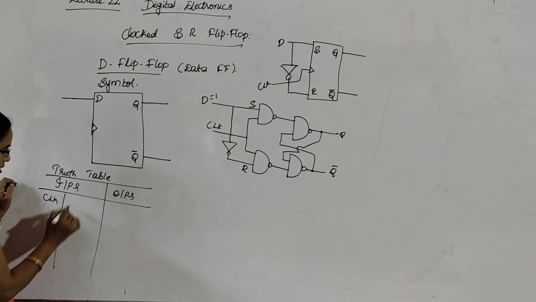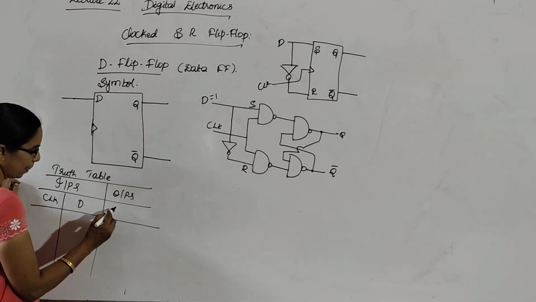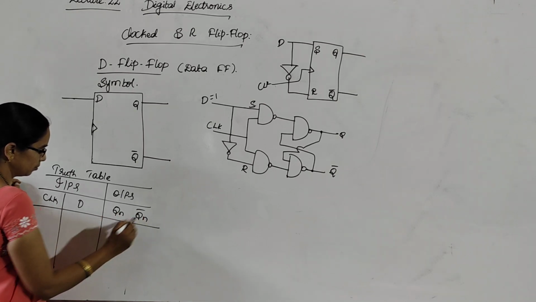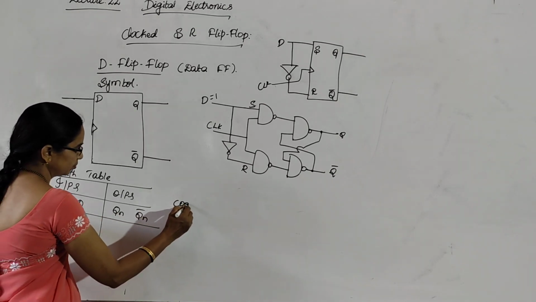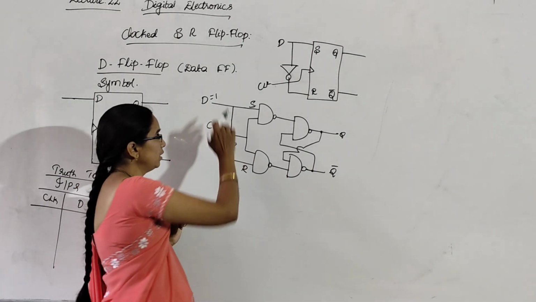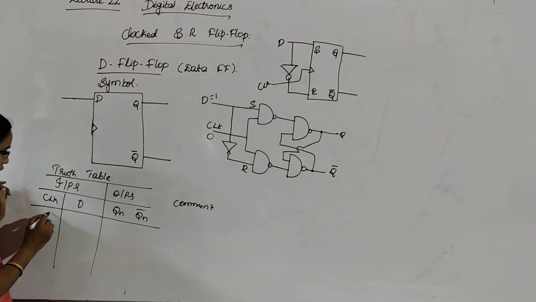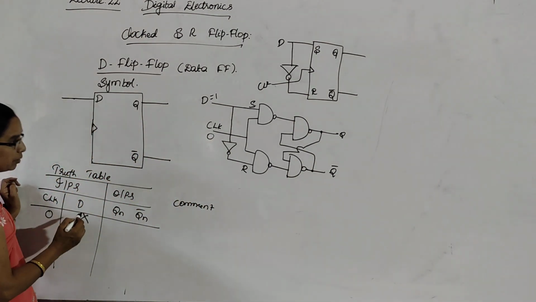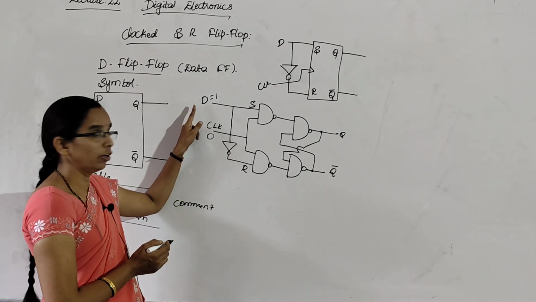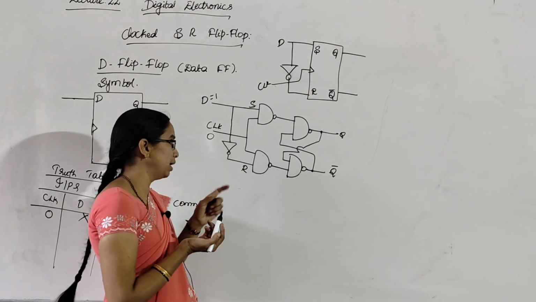Clock and D, Qn and Qn bar. What happens when the clock is 0? Whenever the clock is 0, whatever the input at D, we will not check, because that doesn't matter.